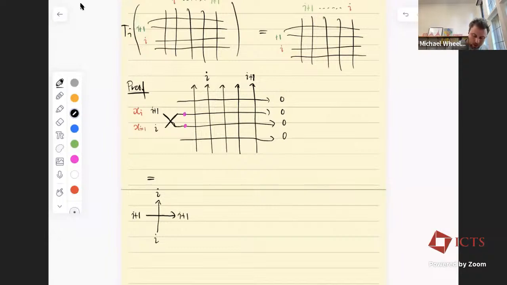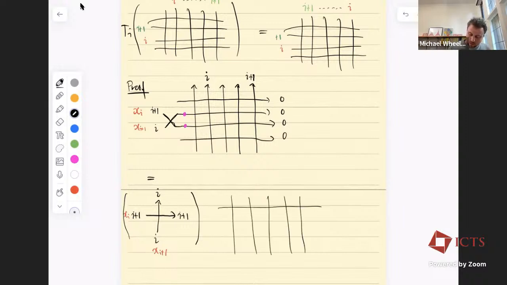Okay, so we have this. So the weight of that vertex times the rest of the lattice. And in order to make the picture consistent, this needs to be i, and this needs to be i+1.